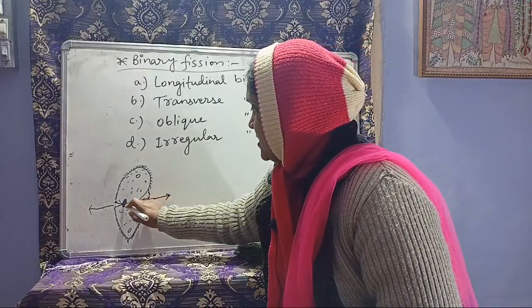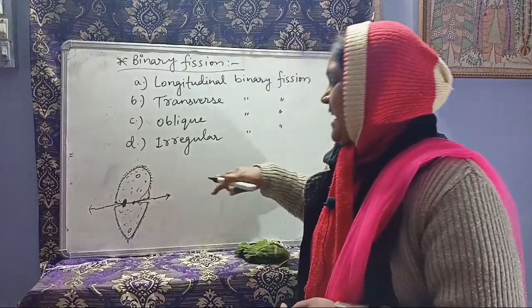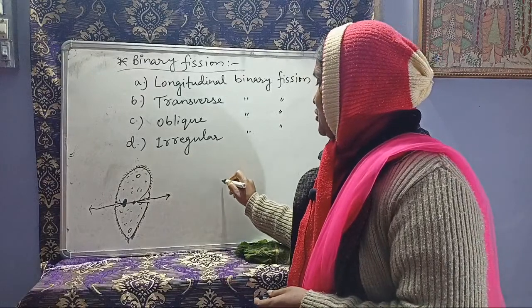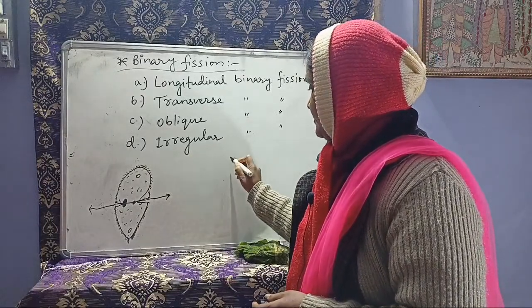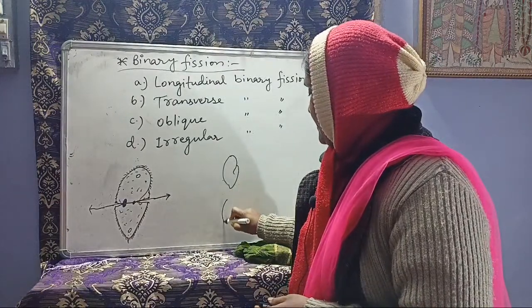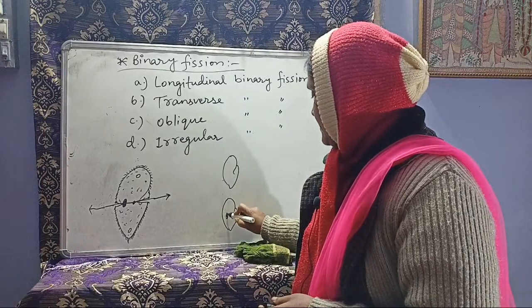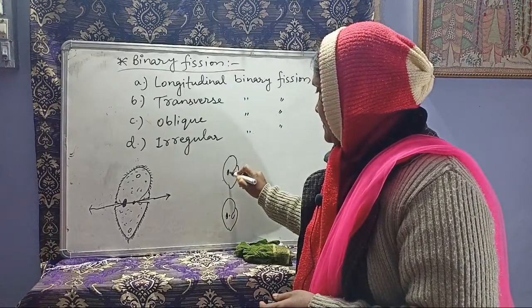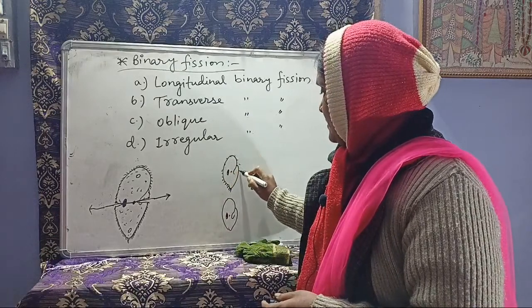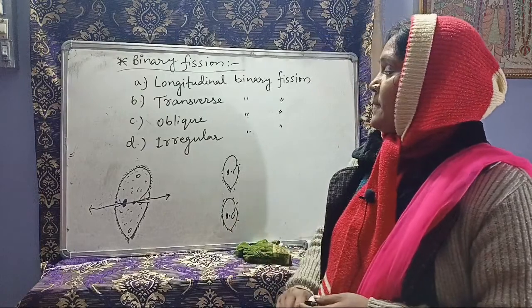Hence we say that Paramecium divides along the transverse axis to produce two daughter Paramecia.